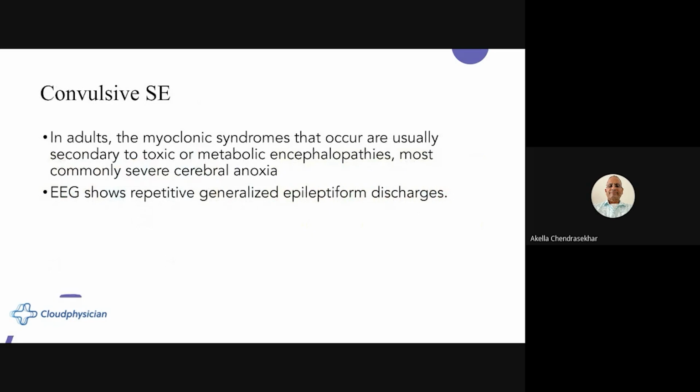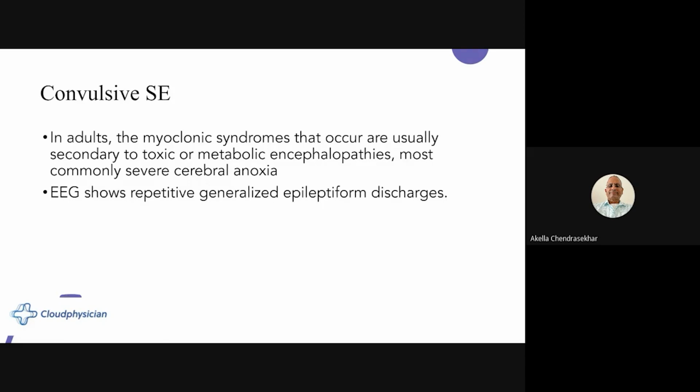Okay. In adults, the myoclonic syndromes are mostly secondary to toxic or metabolic encephalopathy, which means you can get by history and know what's going on, okay? By getting a good history and a physical examination, you can make the diagnosis right off the bat.